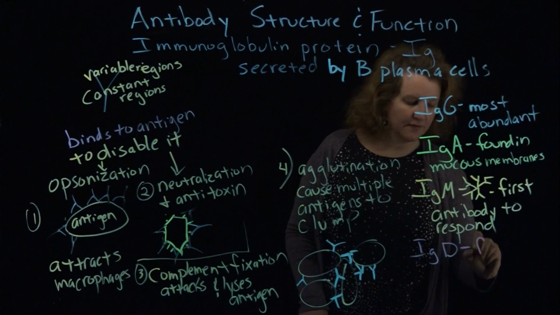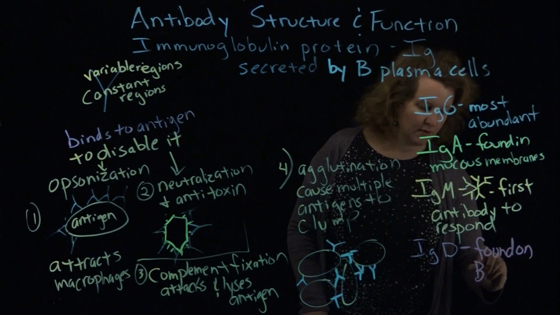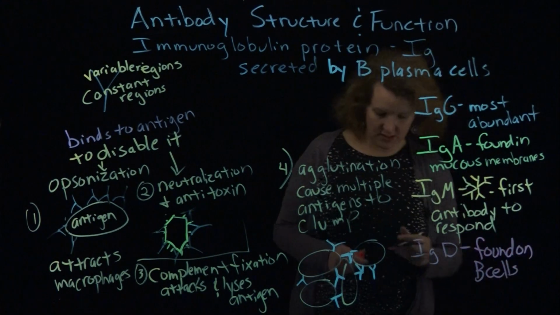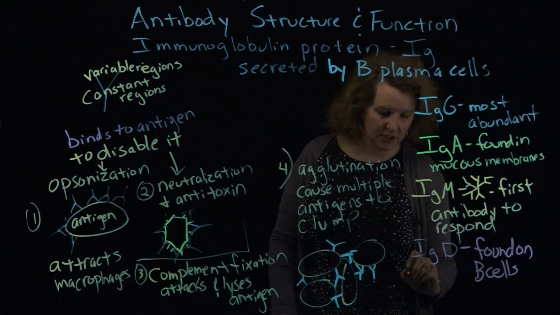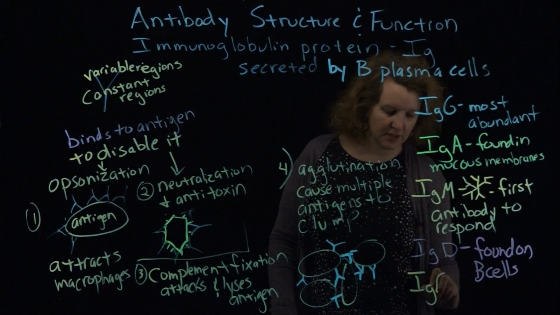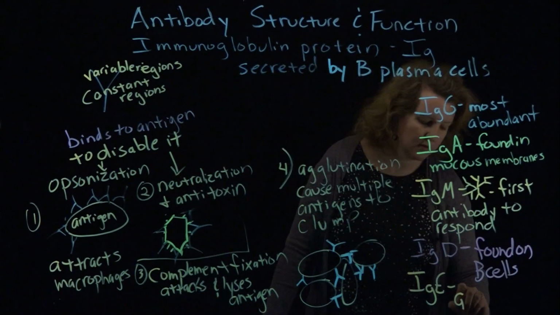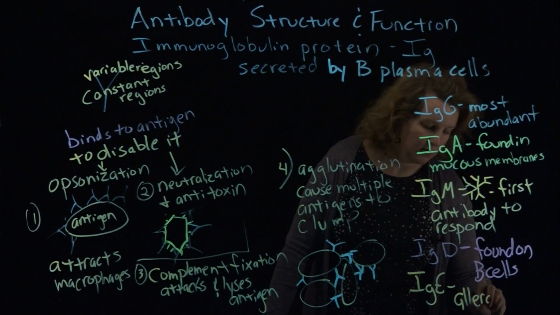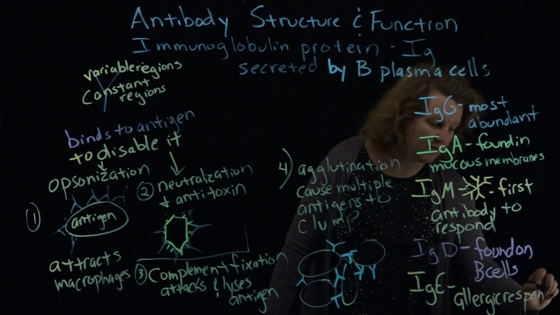And IgD is found on B cells. And then last one of my favorites, because everybody can kind of relate to it, is IgE. Maybe you're a lucky person that can't. But that's the antibody that's active in allergic response. And also parasitic worm infections as well.